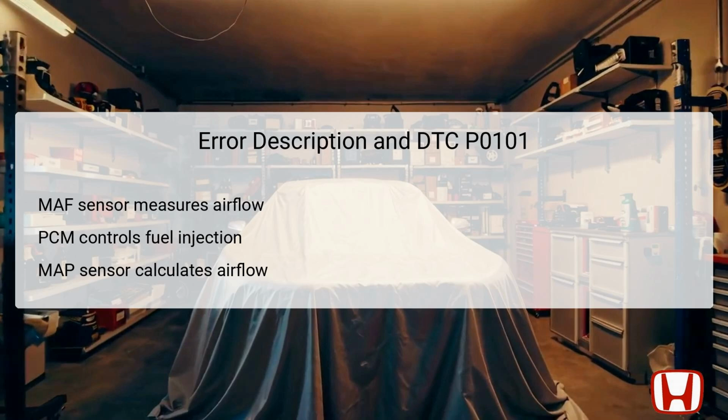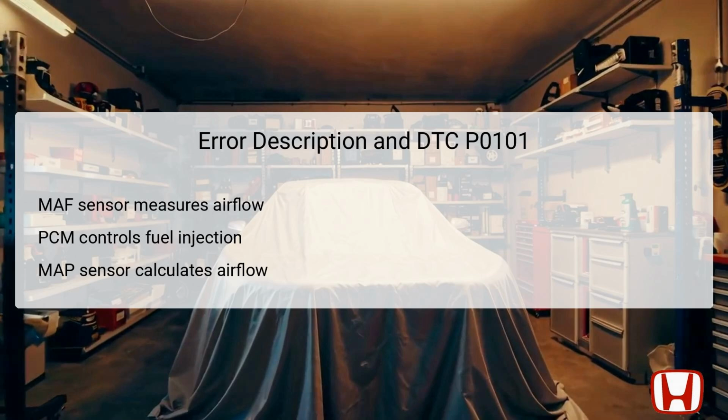When the MAF sensor measures a certain amount of airflow, the PCM expects to see a corresponding value derived from the MAP sensor. A malfunction occurs when these values deviate significantly from each other, which prompts the PCM to store DTC P0101.